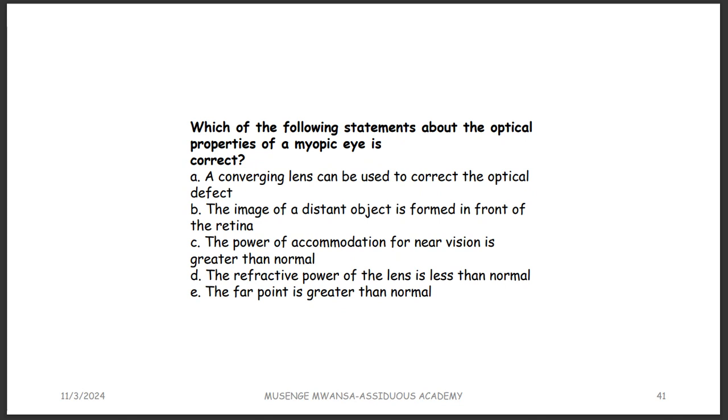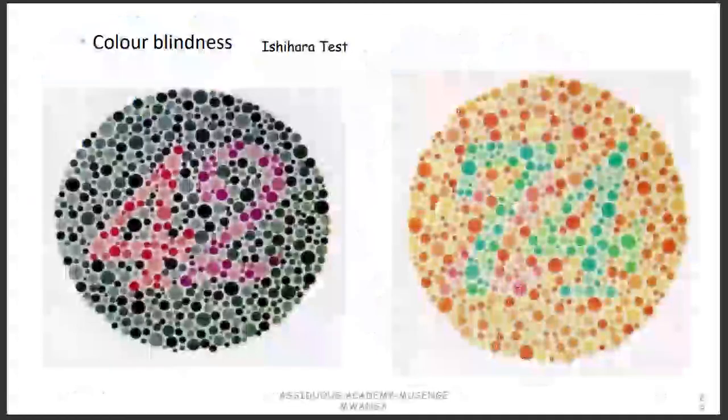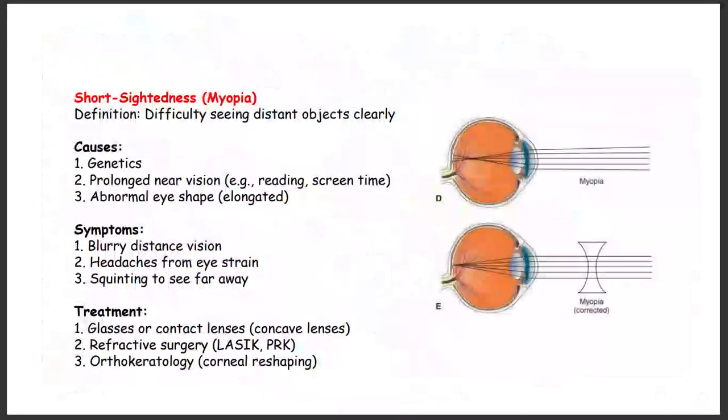D, the refractive power of the lens is less than normal. E, the far point is greater than normal. B. The image of a distant object is formed in front of the retina. So that anyone that wants to understand can understand.